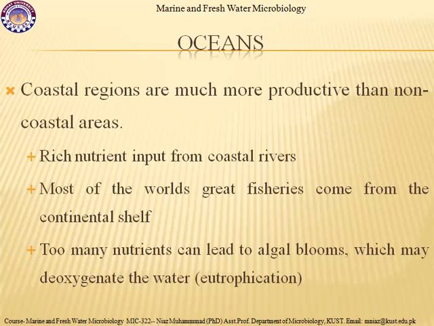Salinity makes it different from fresh water, and marine water supports a specific type of population. Similarly, fresh water supports a different type of population. And we have to talk about the microbial population.